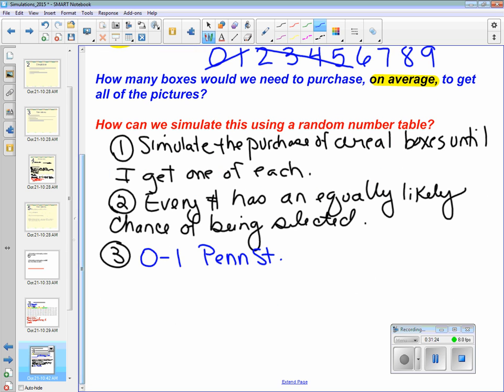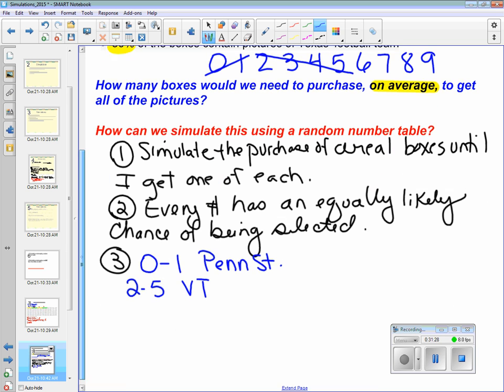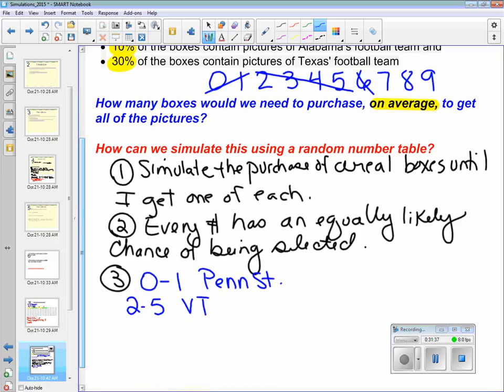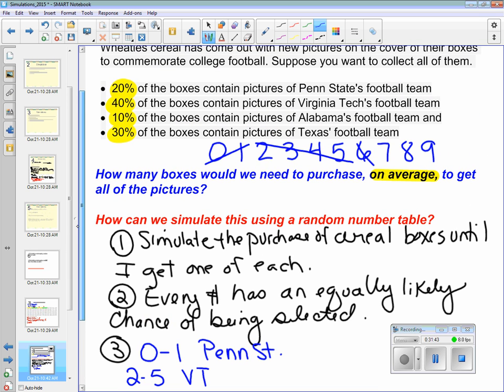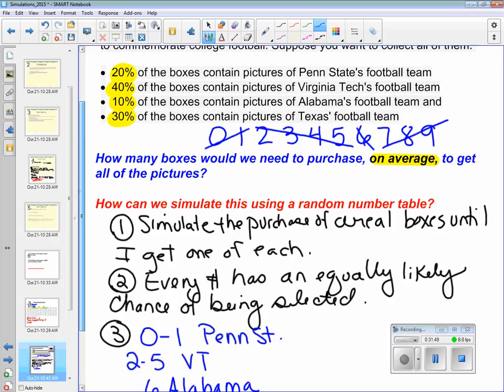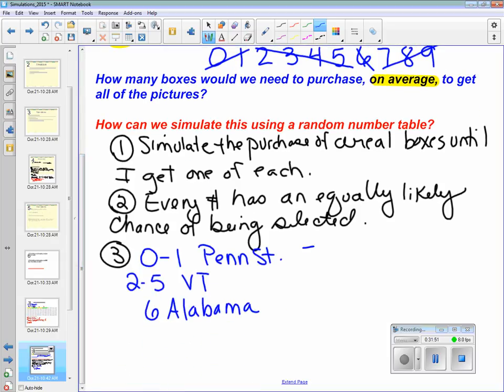So 2 through 5 is going to be VT. And then who's going to be Alabama? Lonely old 6. Okay, there's Alabama. So 6 is going to be Alabama. And then our last one, 7, 8, 9, is 30%, 3 of them, and that's going to be Texas. Okay? So 7 through 9 is going to be Texas.